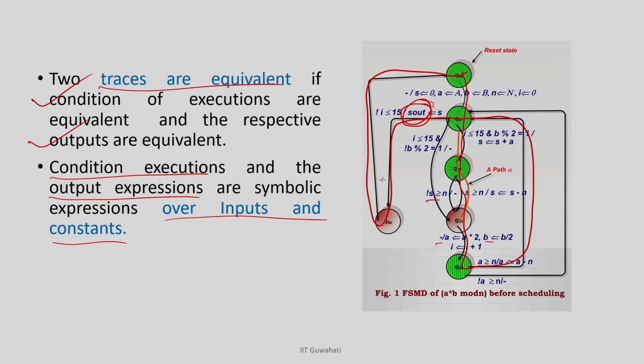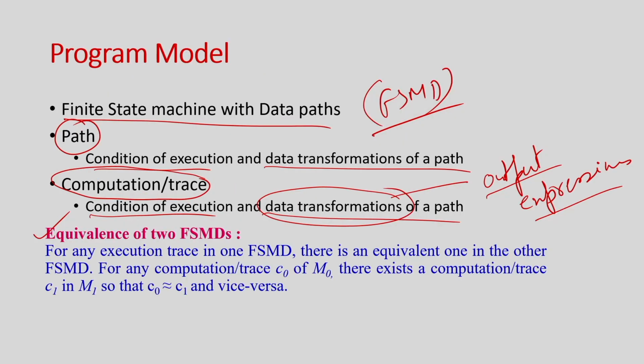And as I argued, we have to go for this method. Basically, you have to check for all C0 in M0, there exists C1 in M1 such that C0 is equivalent to C1.